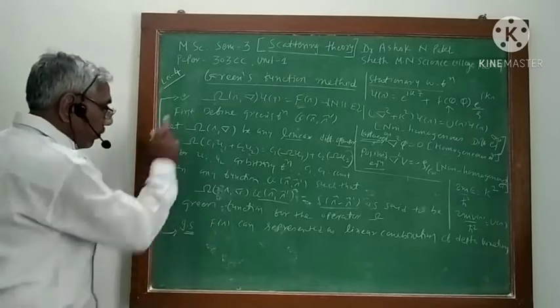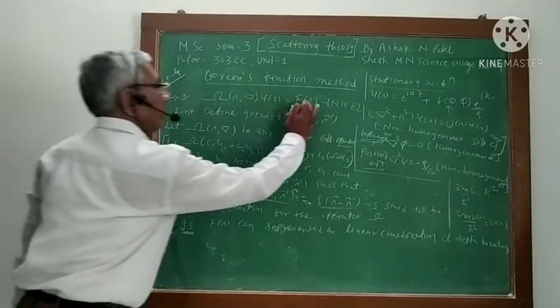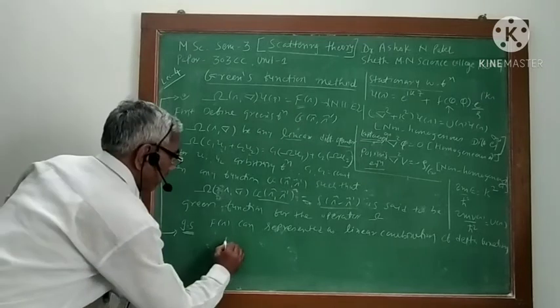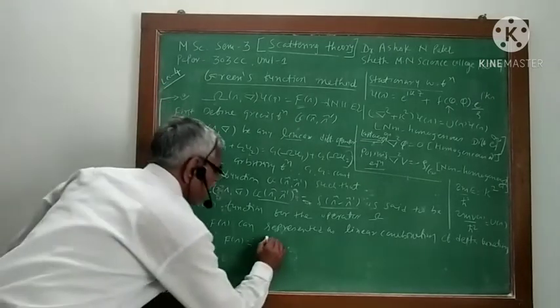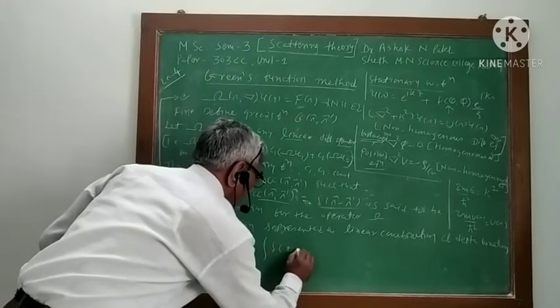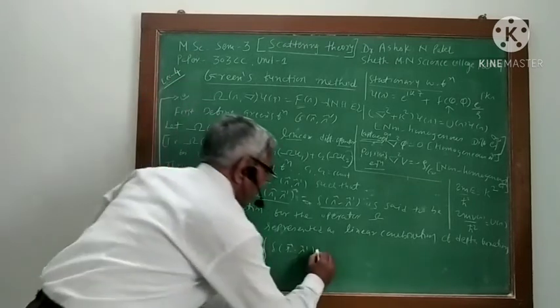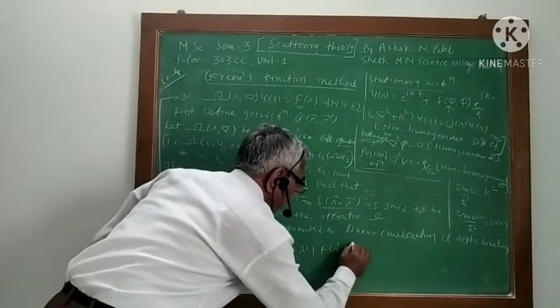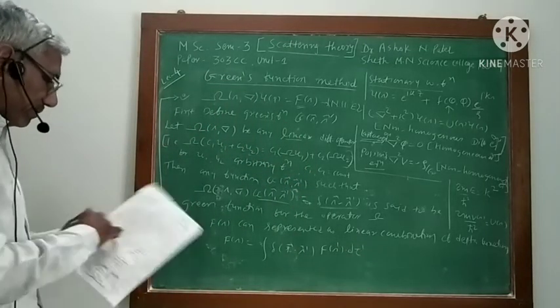It means if you want to write down the general solution, you should have this function f(r), and it can be expressed like this: the integral of delta(r minus r dash) f(r dash) d(r dash).